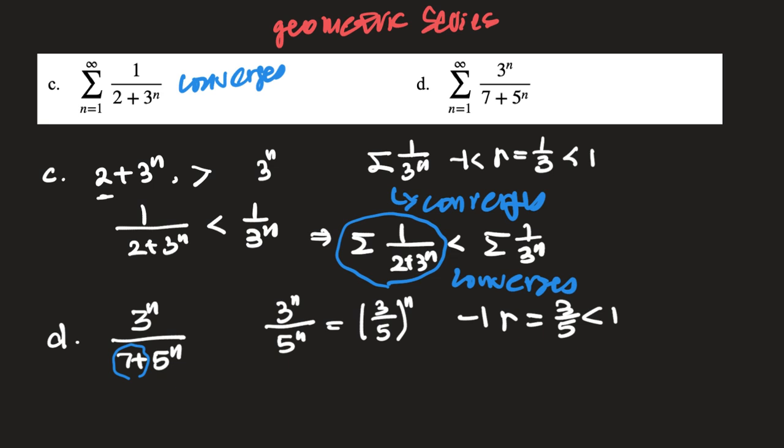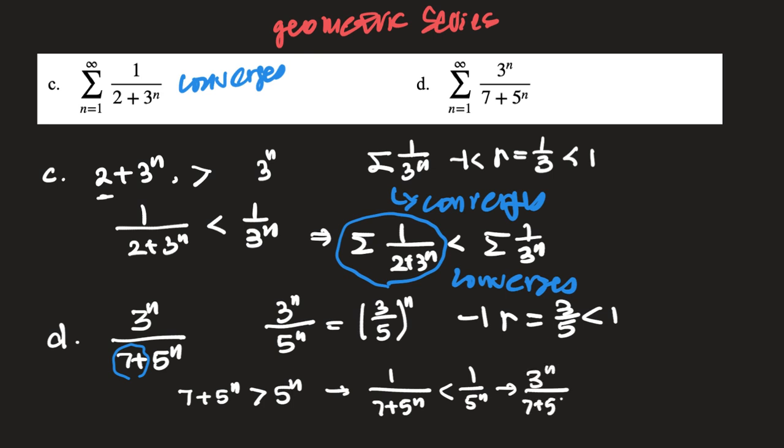You already know that. You have to compare the two sequences first, but you can't compare right away. Right here, 7 plus 5 to the n is greater than 5 to the n. Then you flip it: 1 over 7 plus 5 to the n is less than 1 over 5 to the n. You multiply by 3 to the n: 3 to the n over 7 plus 5 to the n is less than 3 to the n over 5 to the n.